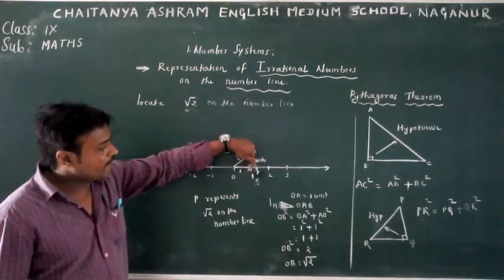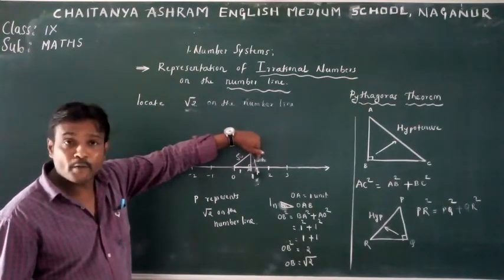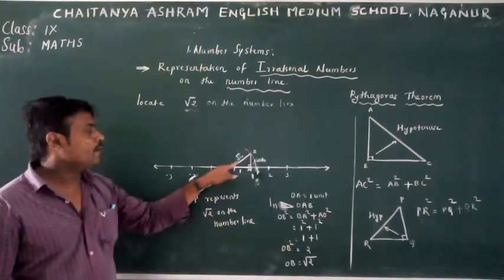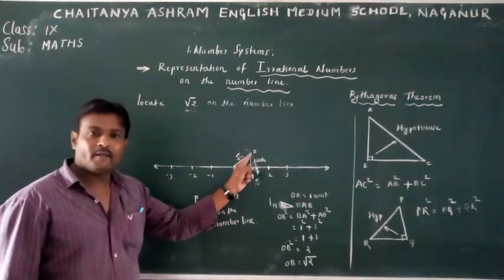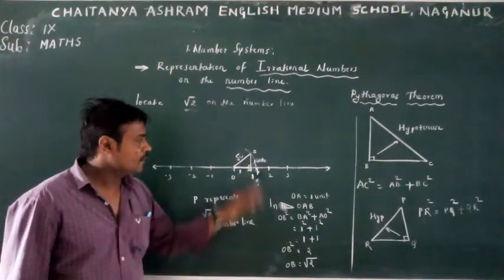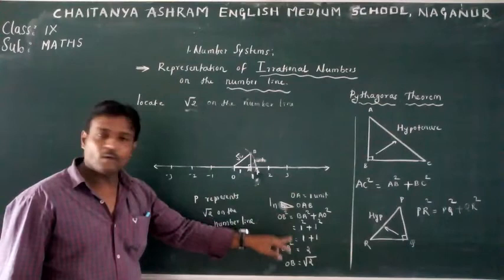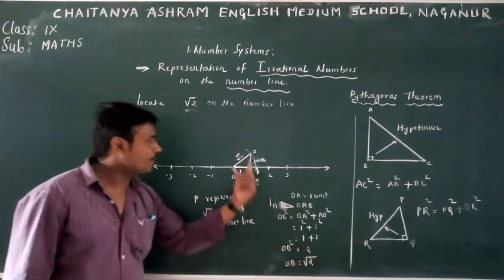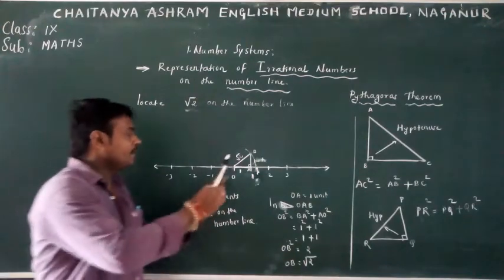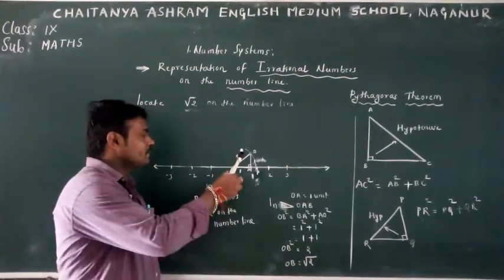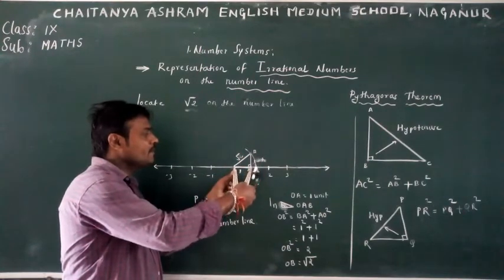At A, draw a perpendicular of length 1 unit. Then join OB. This forms a right angle triangle. Apply Pythagoras theorem. You can find the length of OB. Then take the compass. Take O as center, OB as radius. Draw an arc such that it intersects the number line.